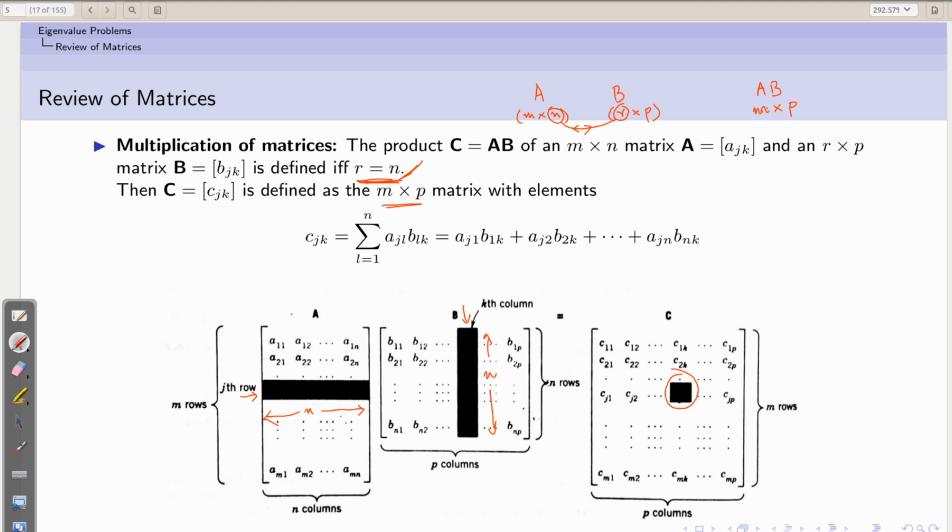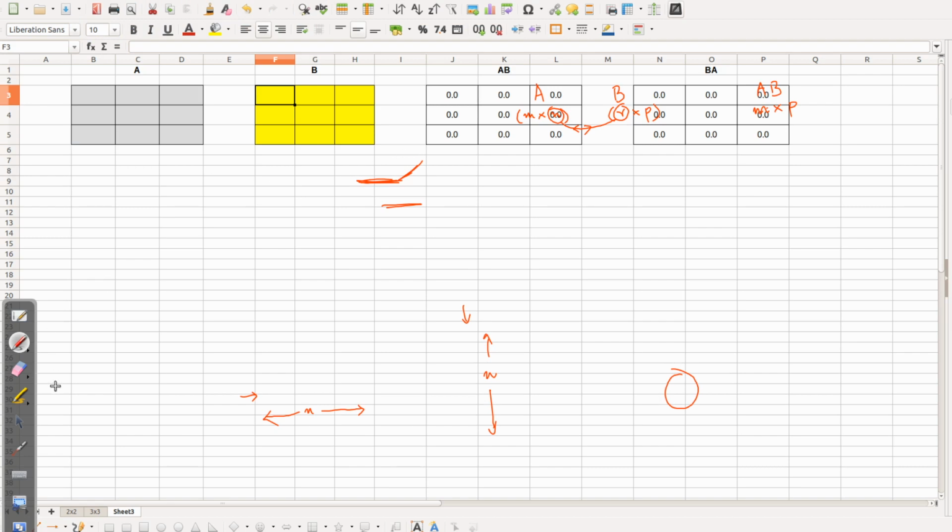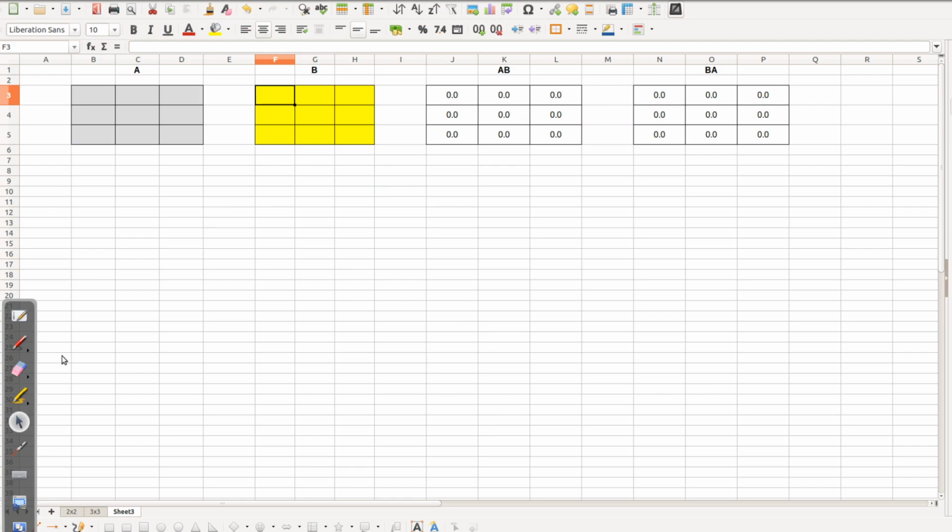In fact, I have prepared a spreadsheet which will help me to quickly calculate this. Let's say I have a matrix A and a matrix B. Matrix A is 1, 3, minus 5, then 4, 0, 6, then 9, minus 7, 2.